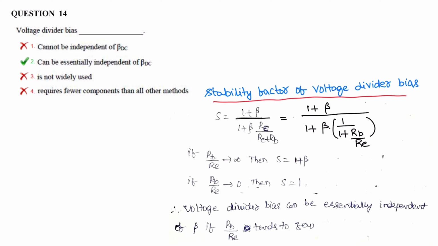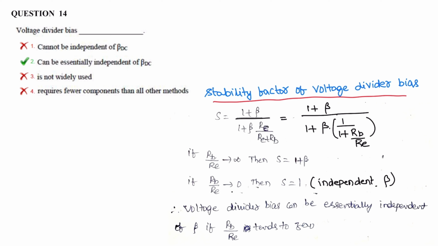If Rb by Re tends to 0, then stability factor S is equal to 1. Voltage divider bias is essentially independent of beta if Rb by Re tends to 0. It is independent of DC current gain beta.